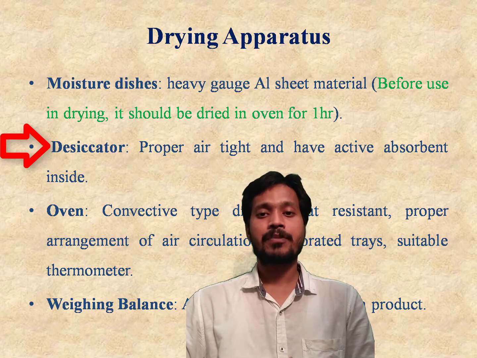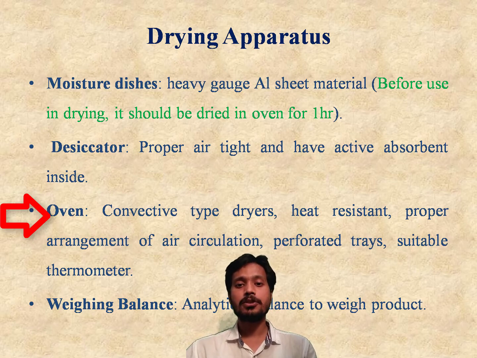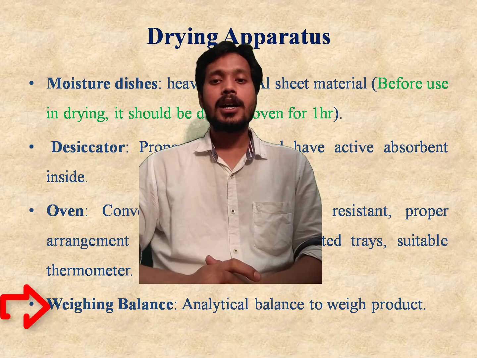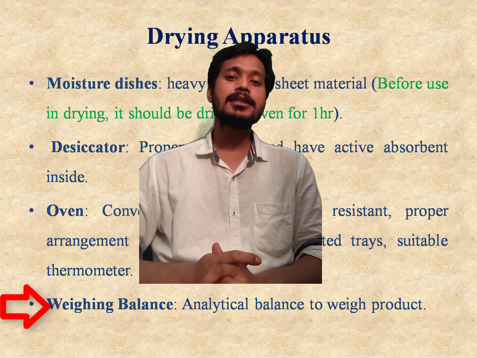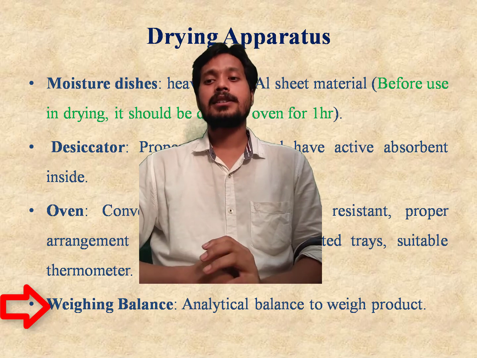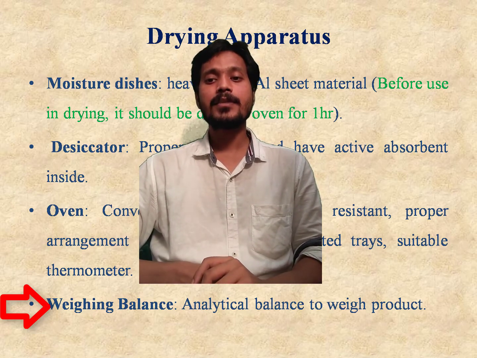Another apparatus is the oven, which is highly known to all of you. It is a convective type dryer, heat resistant, with proper arrangement of air circulation, perforated trays, and a suitable thermometer. Another is the weighing balance, which gives the weight of the product analytically.